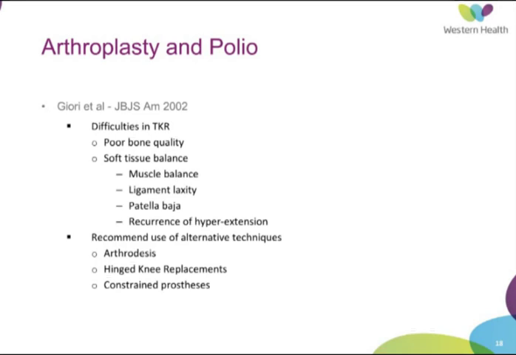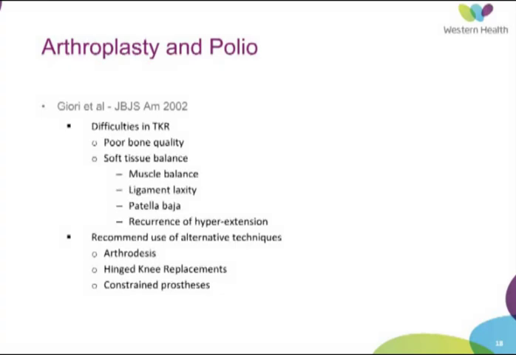And they found that even those patients that were well balanced after the initial surgery, even in that short 2-year follow-up, there was a recurrence of this hyperextension, despite the use of their constrained and their posterior stabilised prostheses.